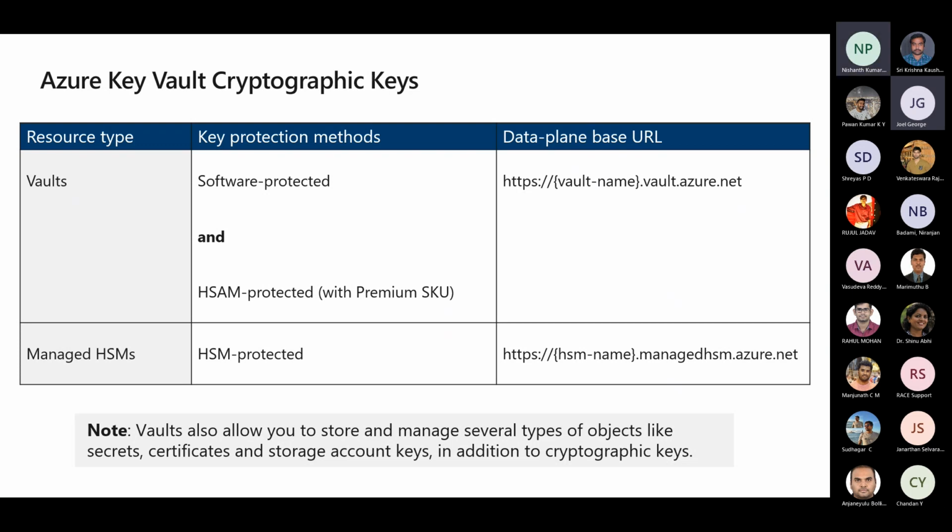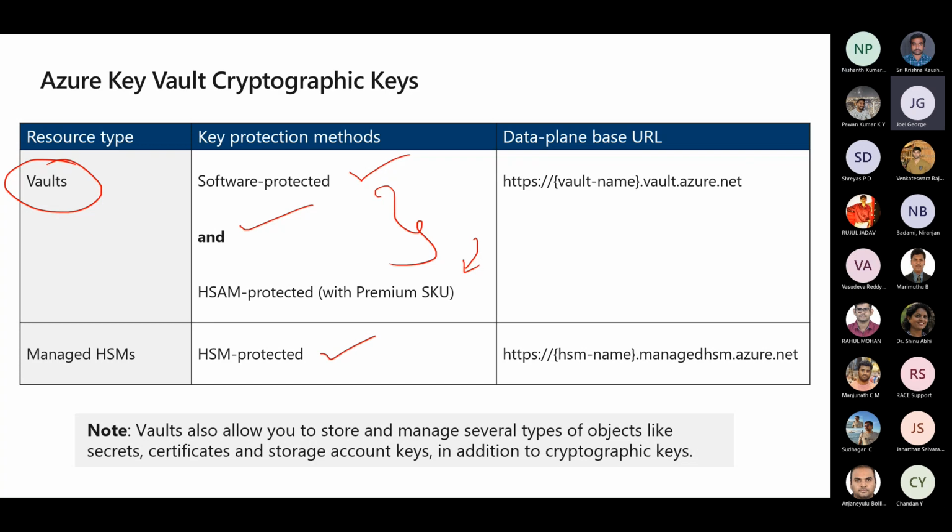Now Azure provides you two different ways. One is a managed HSM. That means a special box will be allocated to you, only for you. Then they have a vault, where there are two types: software protected and HSM protected. This is an Azure capability, with devices like Thales.